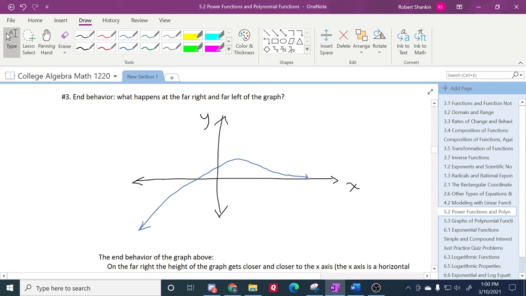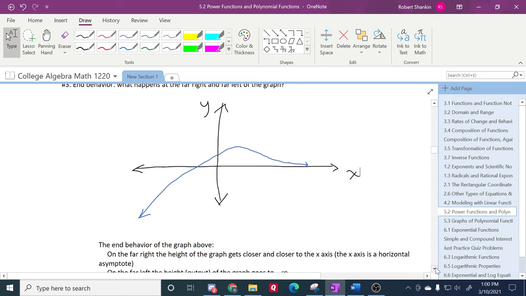So how we would describe a graph like this, we'd say on the far right, the height of the graph gets closer and closer to the x-axis. And in this case, the x-axis is a horizontal asymptote. A horizontal asymptote is what it gets closer and closer to. Sometimes we show horizontal asymptotes with a dotted line, but the dotted line would be right on top of this black line, so you wouldn't be able to see it. So I might extend it over here, showing that this gets closer and closer to this.